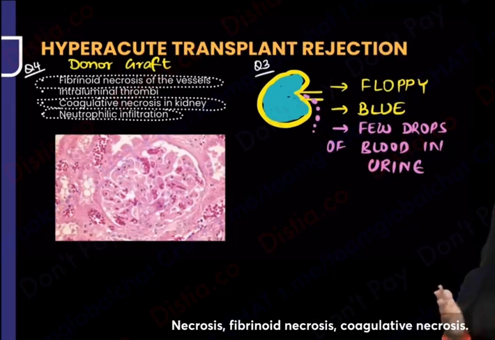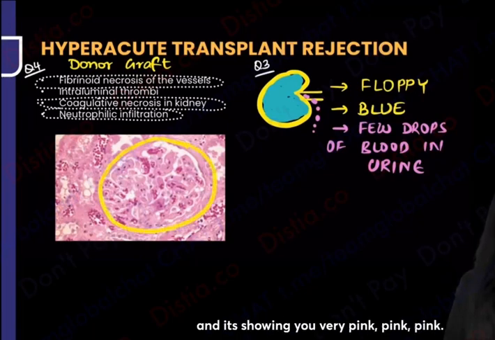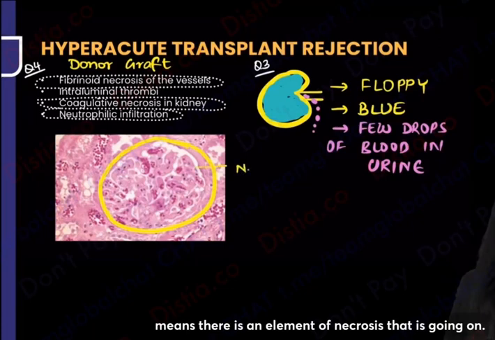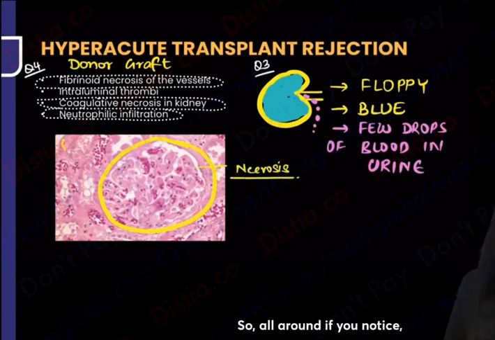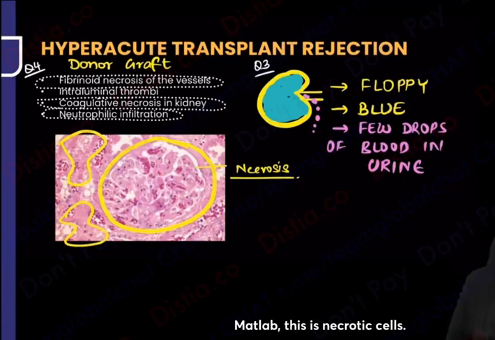Necrosis: fibrinoid necrosis, coagulative necrosis, and there is the picture in front of you. You can very well see that yes, this is a kidney and it's showing you very pink. When everything becomes pink, it means there is an element of necrosis going on. So all around, if you notice, everything has become pinkish, dead cells, no nucleus, dead cells, meaning these are necrotic cells. Hyperacute rejection done.